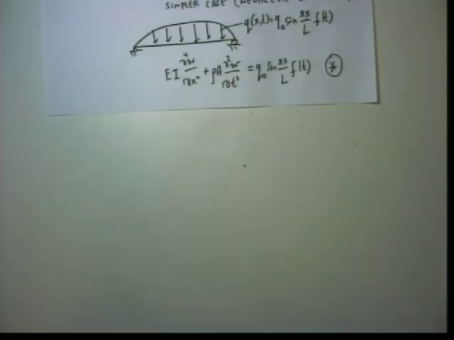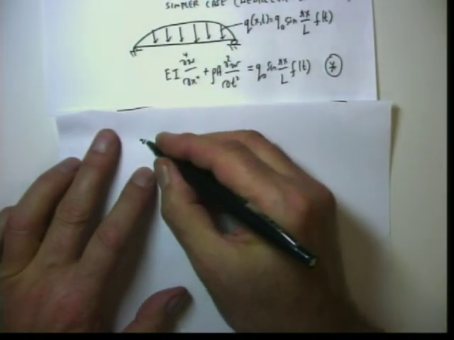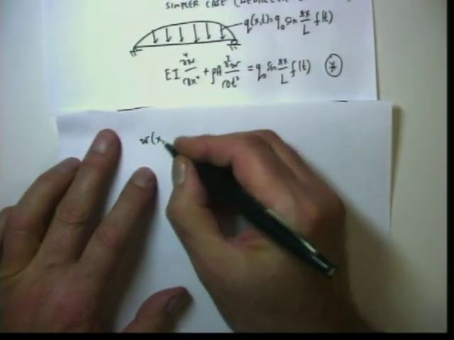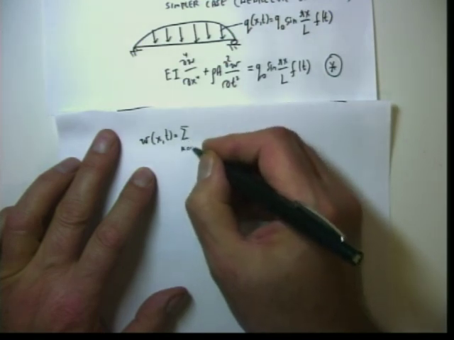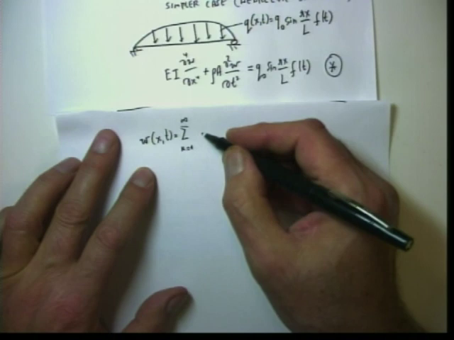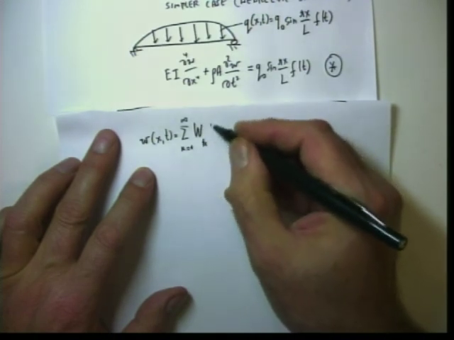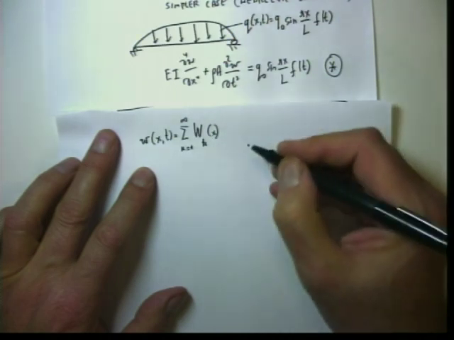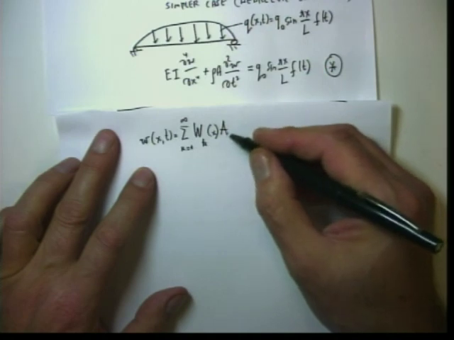And in this governing differential equation, I'm looking for the solution like this: W of x, t equals summation k from 1 to infinity, and then the solution is in terms of mode shapes, wk of x, and then some constant ak.